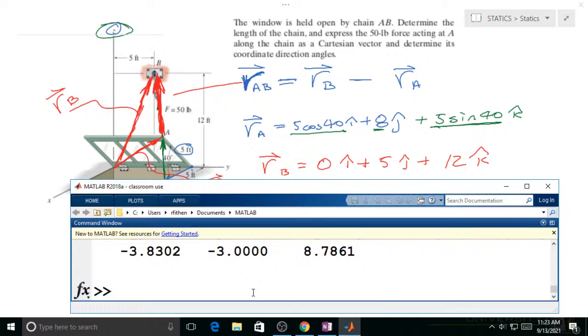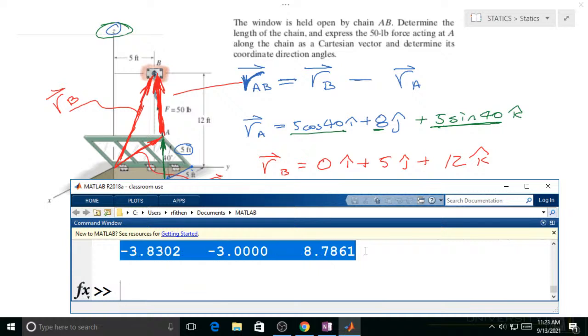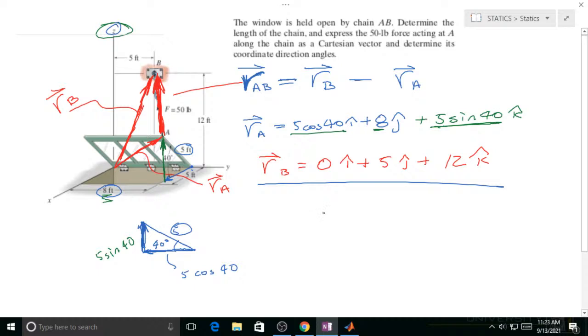So I guess technically, I don't know why, but I'll make it complete by doing a copy and then writing it down here. RAB is equal to, and let's see if I can just do a paste.